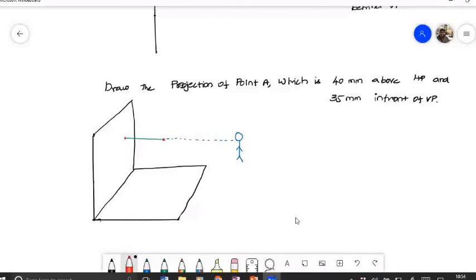So his position will be something like this, and he will take the projection of the point. His visual ray will track the point, and with the help of the projector, the point will be projected on the horizontal plane, something like this.